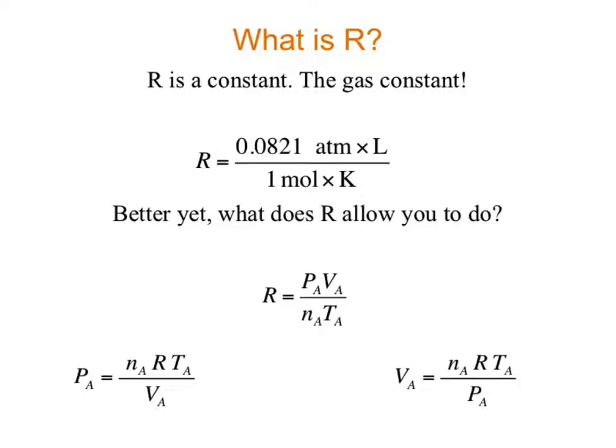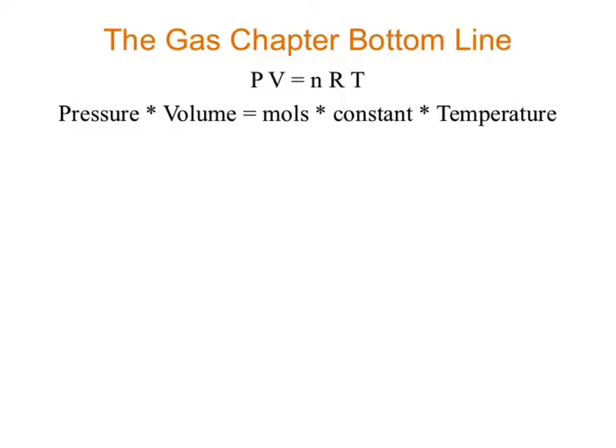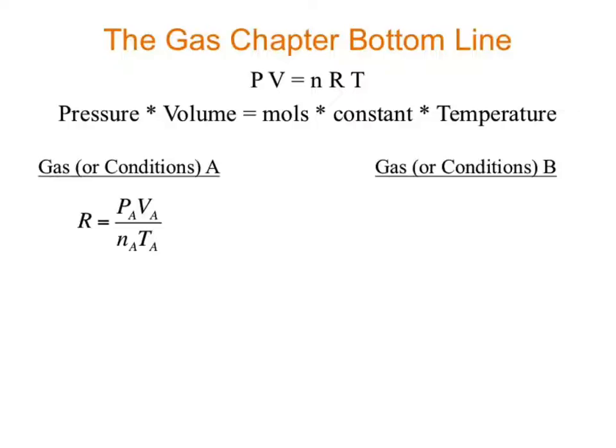Where else can this be useful? We know we have a constant here. If I have a gas under conditions A, what is the R going to be? 0.0821. If I have a gas at conditions A, I don't care what the pressure is, the volume, the moles, the temperature, the R value will be 0.0821. What if I move to a gas at conditions B?